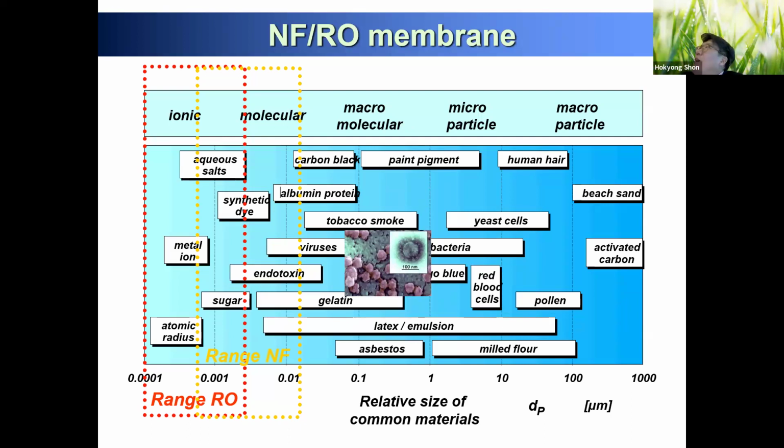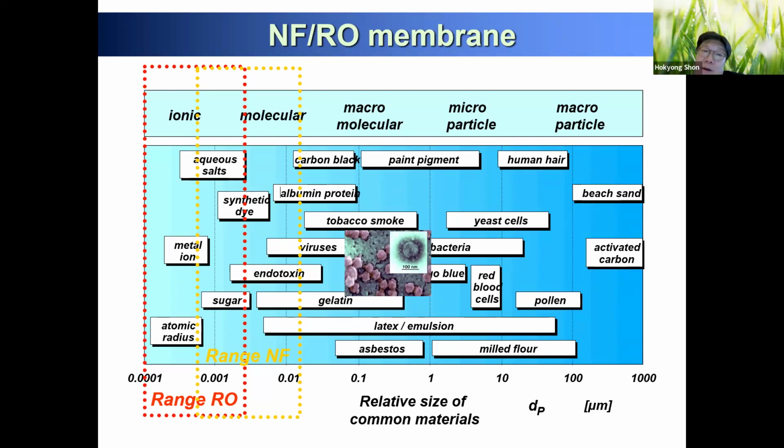So we have developed the polyamide membrane, which has around 0.6 nanometers of pore size. So the water molecule will pass through and the salt can be removed. That's how we have a membrane.